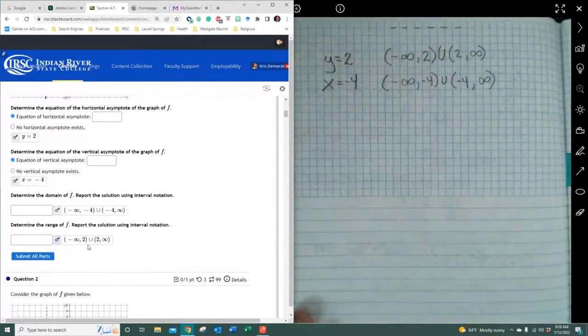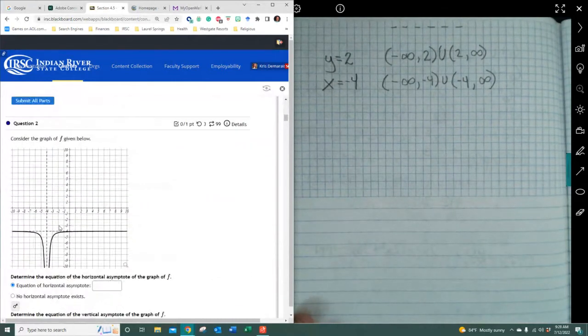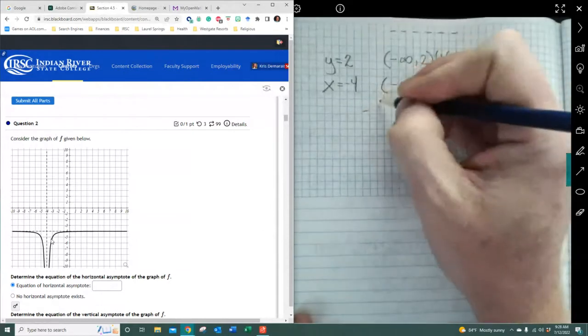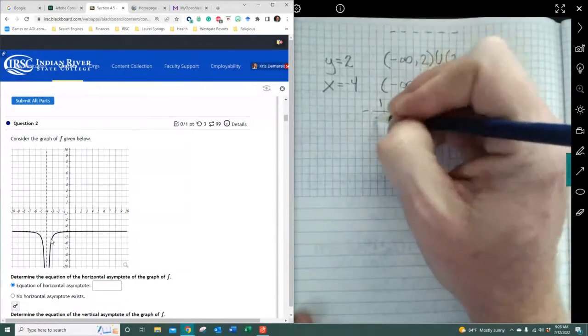Pretty straightforward. And so this one right here is that 1 over x squared business. It's the same one, but it's reflected, so it would have a negative in front of it. So the equation might look something like this.